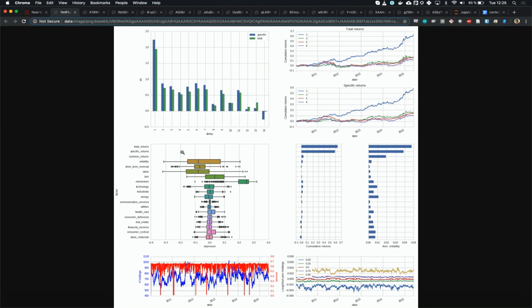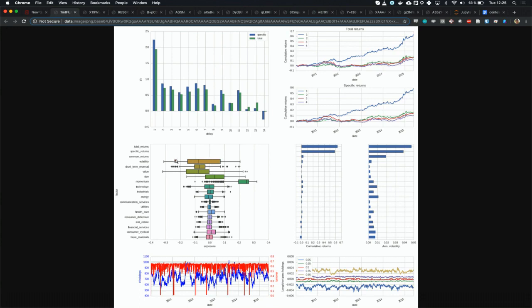Then down here we have the view of the exposures of the factor across time. So this is essentially a box plot where we have the different risk factors in our risk model, things like volatility and also industry sectors down here. Here we would look at whether there are consistent biases that shift the factor attribution to one side or the other. Here you can see that pretty much all are centered close to 0, which is good.